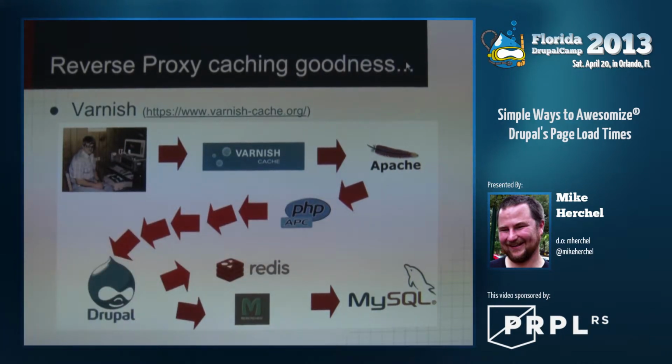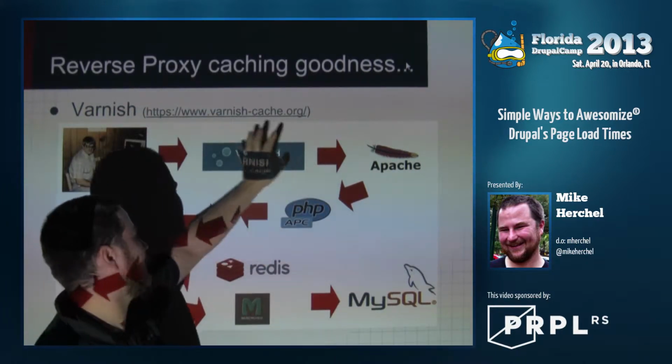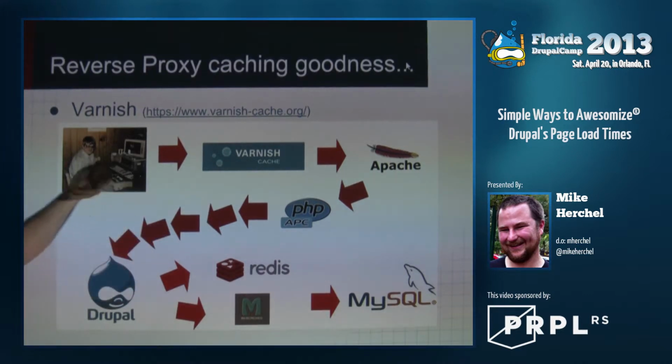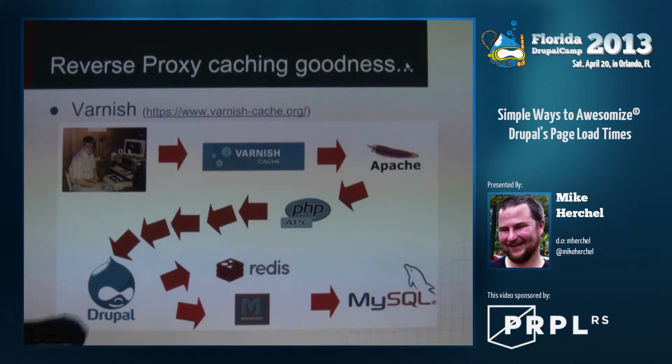After I go all this way and back up, it will actually remember that. So the next person who looks just like me will just talk to Varnish, which sits in memory, and talk back. So it skips this whole level right here, and they can take any type of 10-second page load down to under a second.